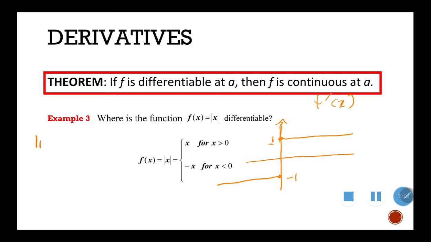So the limit of f prime x does not exist, since the limit from the left hand side and the right hand side is not the same. So, okay, this is the answer.